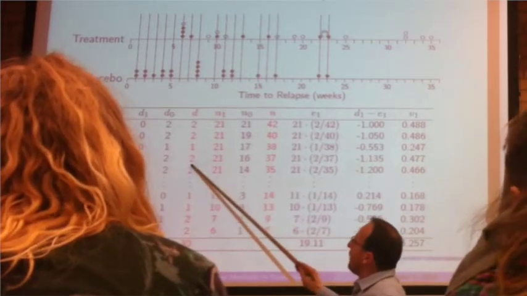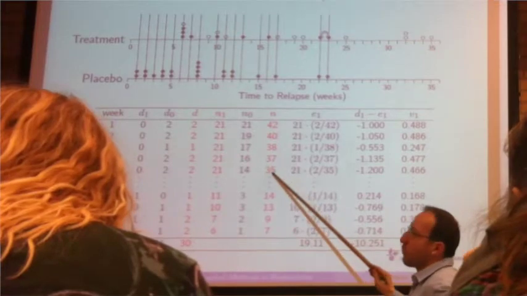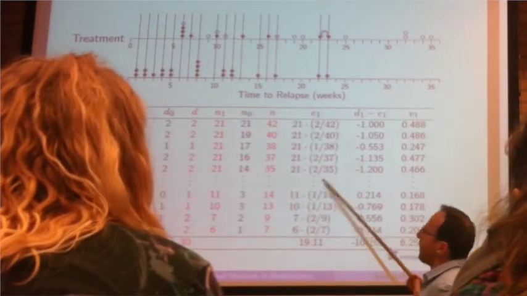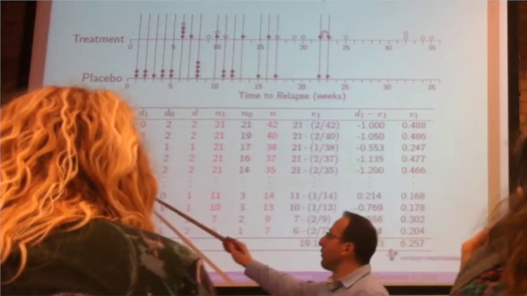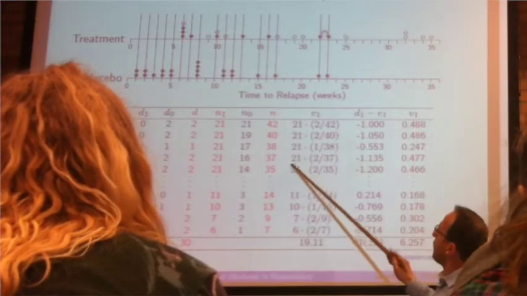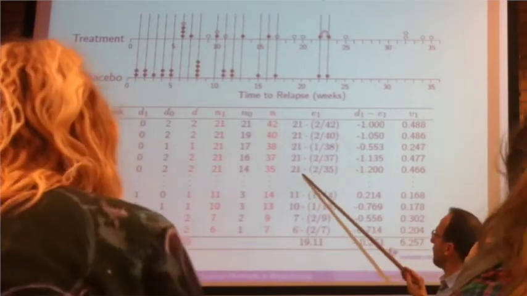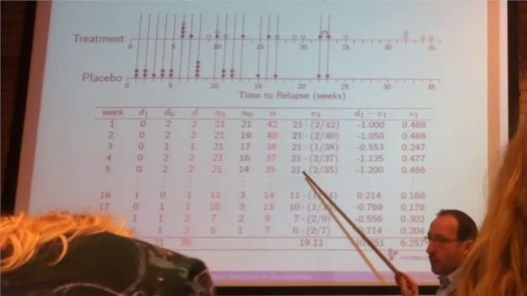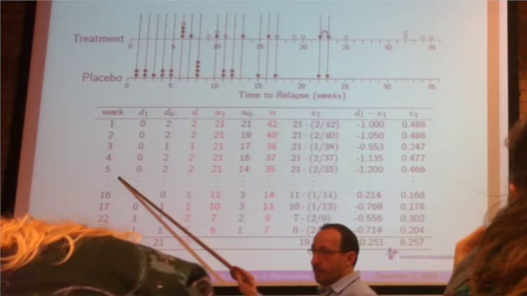The number of events at this time point divided by the total number of subjects at risk is the probability of having an event after being event-free up to this time point. Multiplied by the number of patients in the treatment group, in this case 21, yields the expected number of events in the treatment group at 5 weeks.